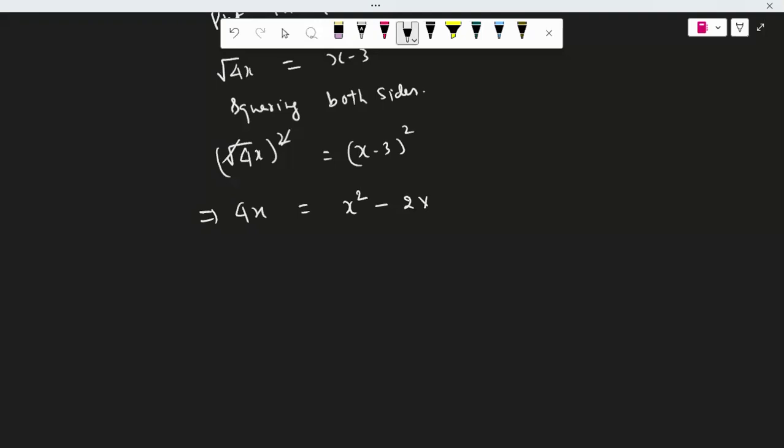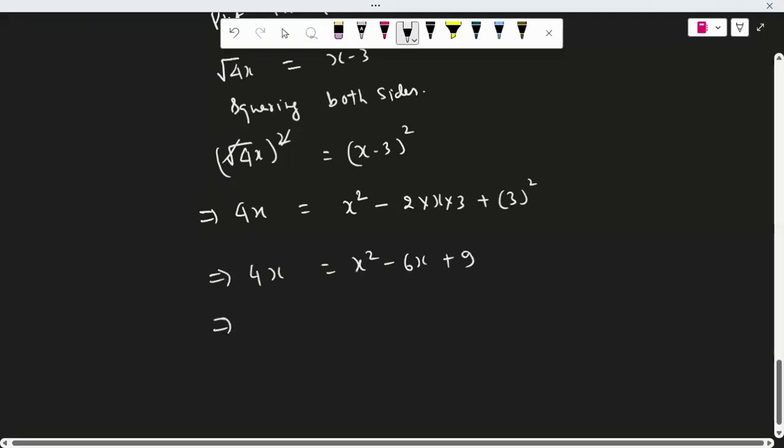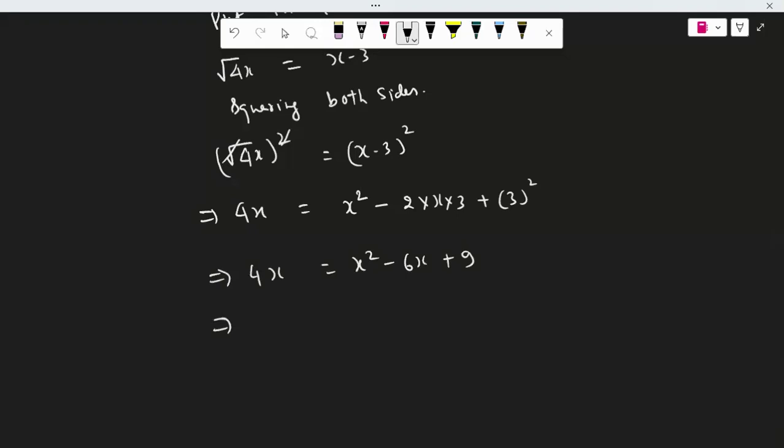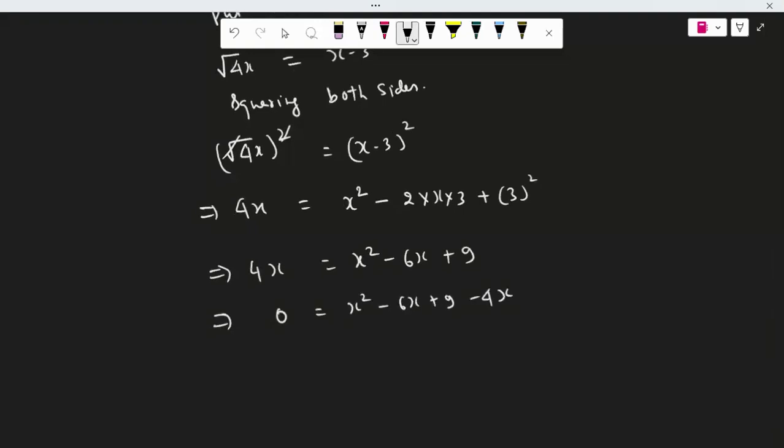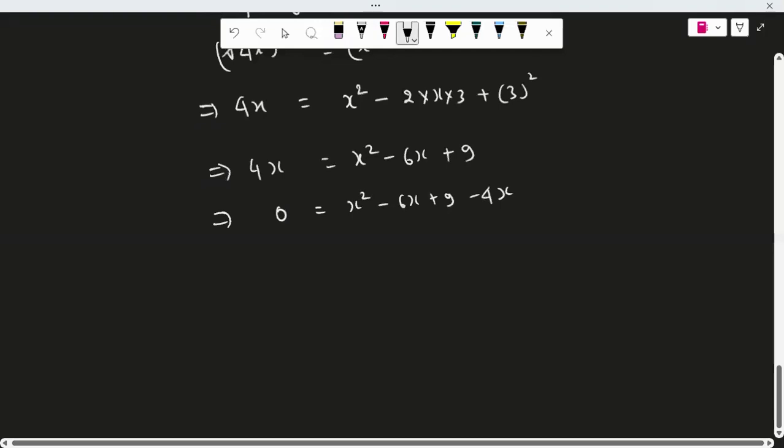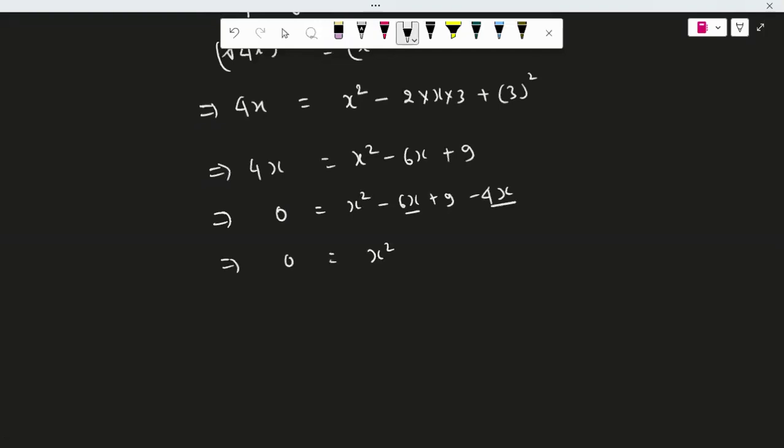So this is 4x equals x square minus 6x plus 9. Subtracting 4x from both sides, it will be 0 equals x square minus 6x plus 9 minus 4x. So this will be negative 10x.